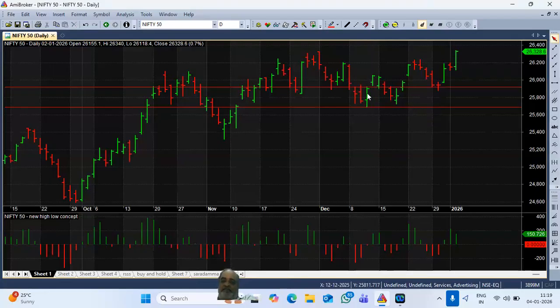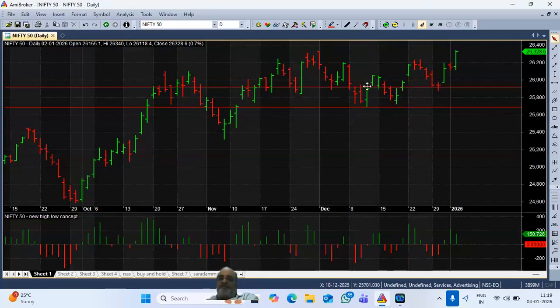And on the next day, after this level was crossed by the bar, when the market opened near the low and this level was crossed by the price, the price for the day remained bullish. So potentially this bar acted as a reversal bar.